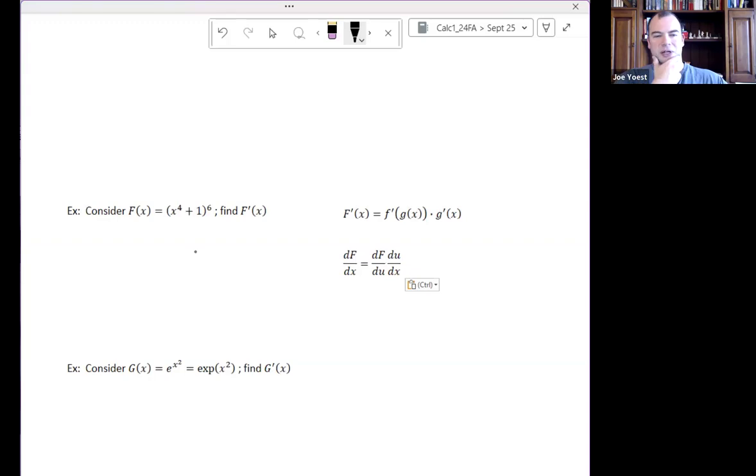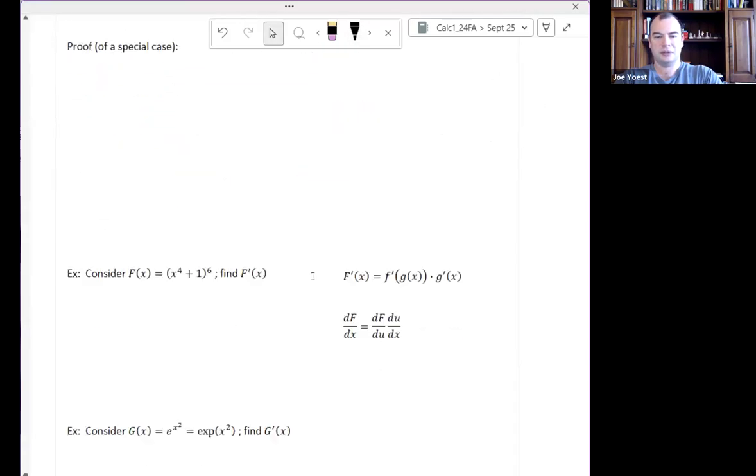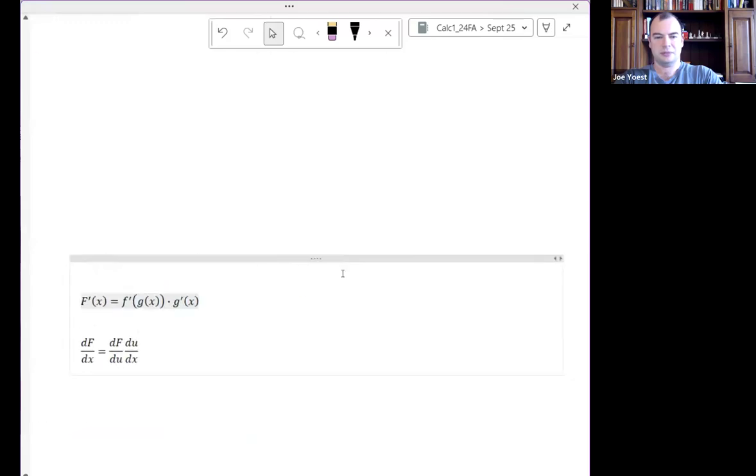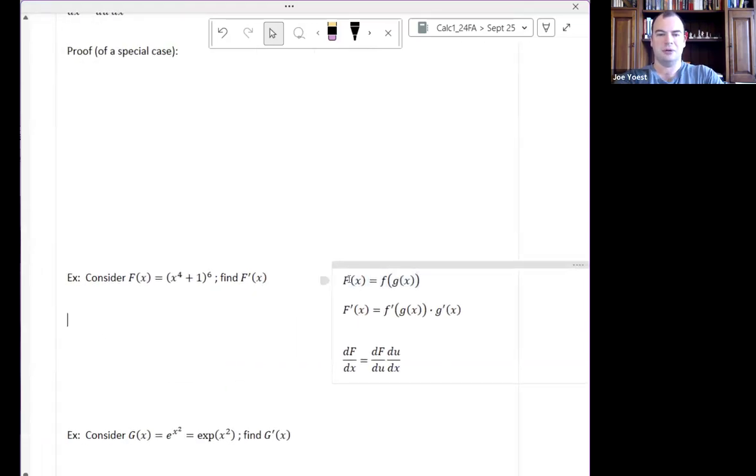So what can I do here? Well, the first thing that I want to do is ask, this big F is the composition of which two functions?